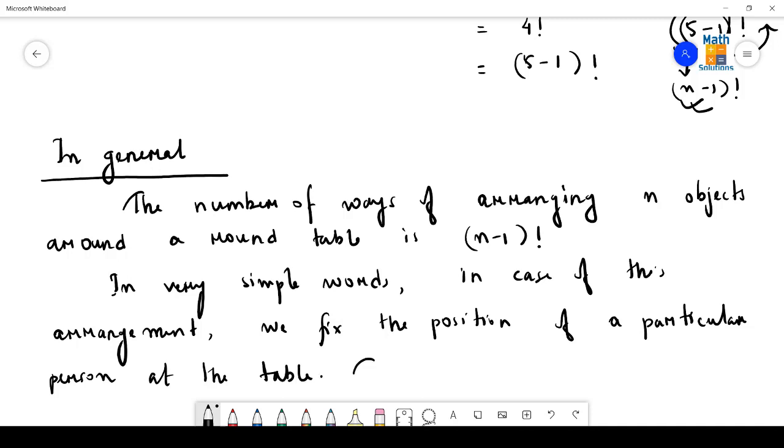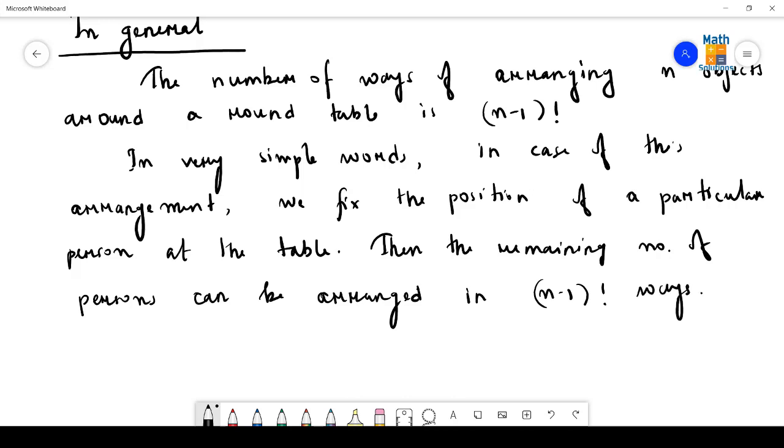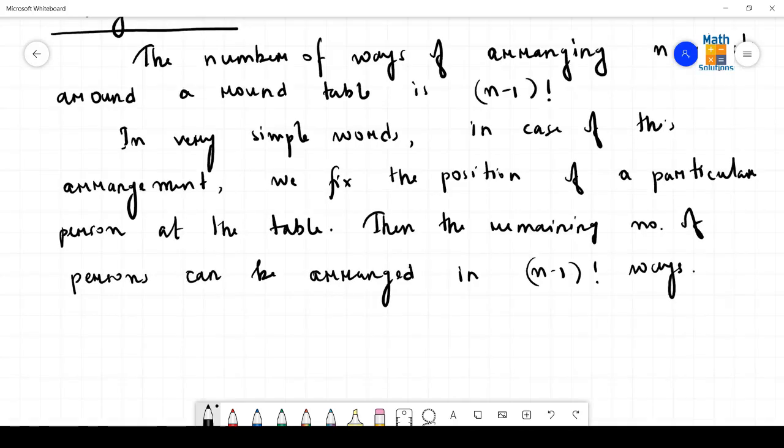Then the remaining number of persons can be arranged in n minus 1 factorial ways. So that is the conclusion drawn from the illustration which I had given just now.